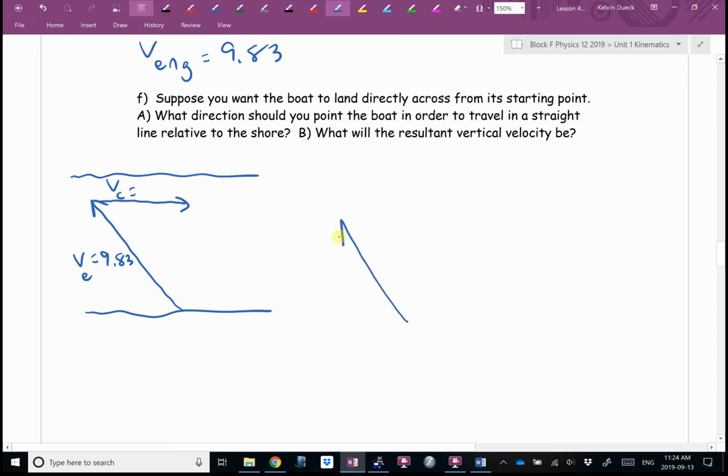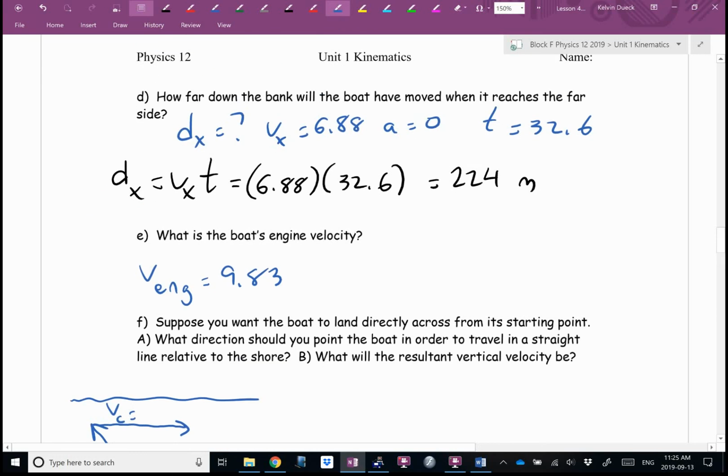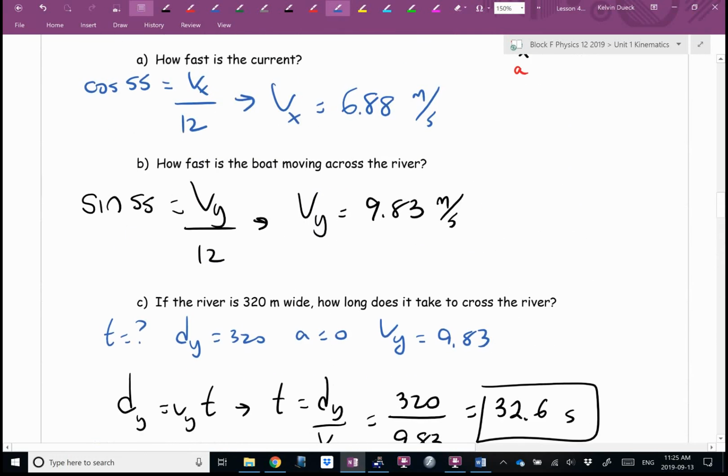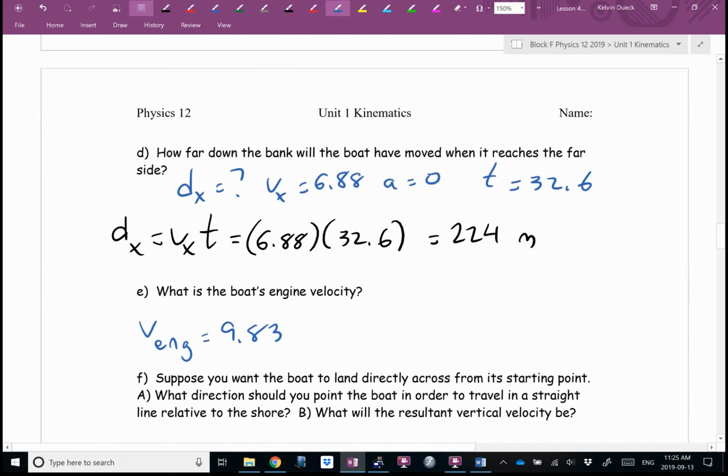I would not go like this because then the resultant would be pointing slanty. I know exactly what this is supposed to look like because they want me to go directly across. If they didn't tell me that, I can't do this question. What was the current? The current was 6.88.